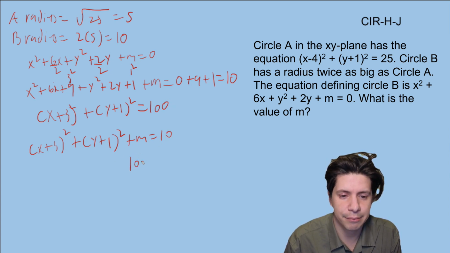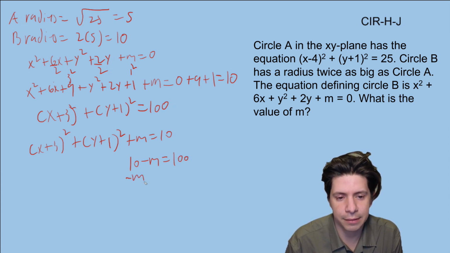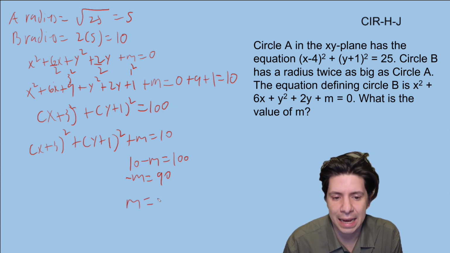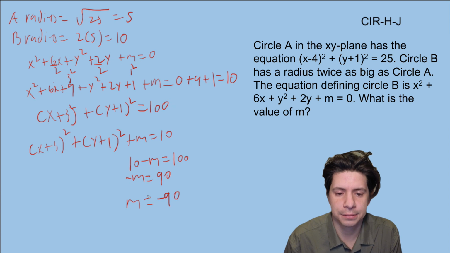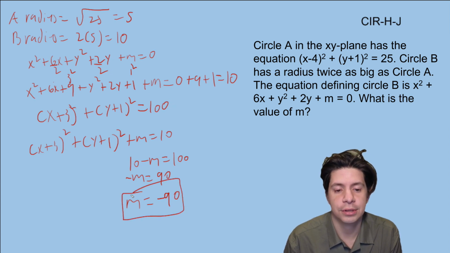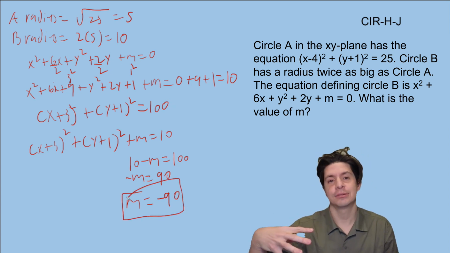So 10 minus m equals 100. So then negative m equals 90, and m equals negative 90.